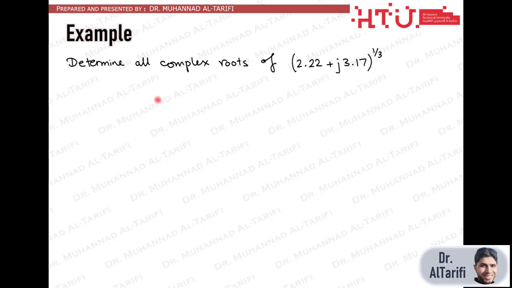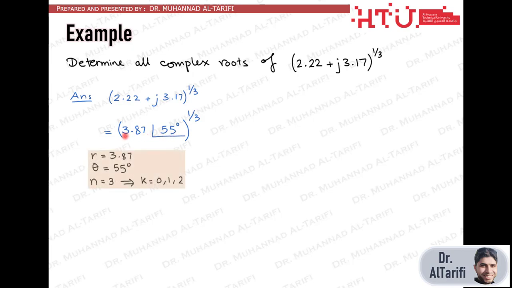But first, we must transform the base from rectangular to polar form, which gives us 3.87 at the phase of 55 degrees. And now we can apply the theorem. R is 3.87, theta is 55 degrees, and n is 3, which means that the integer multiplier k will have the values 0, 1, and 2.